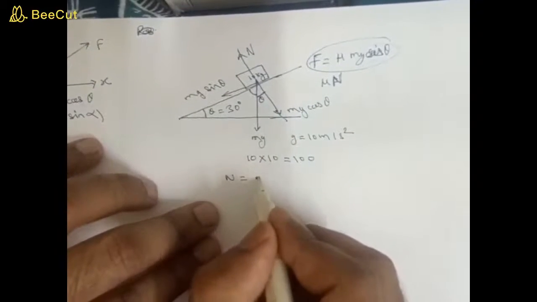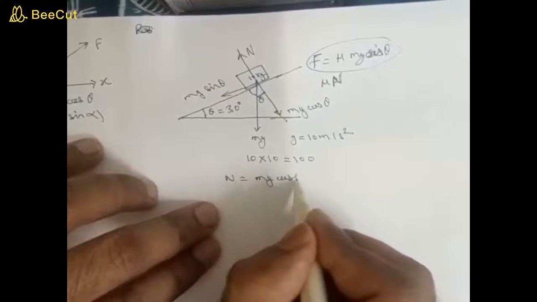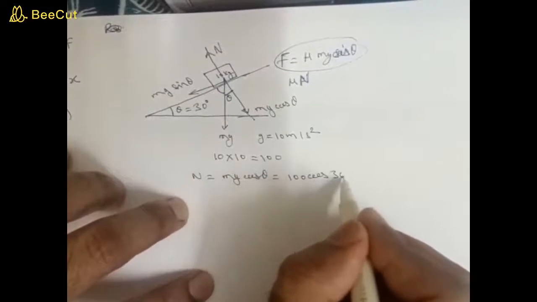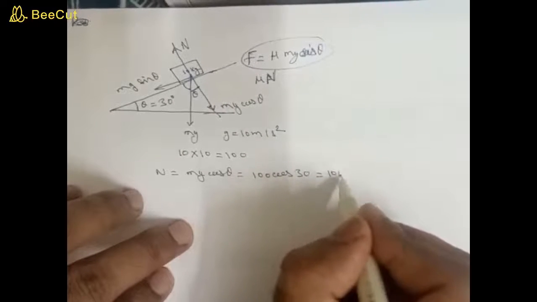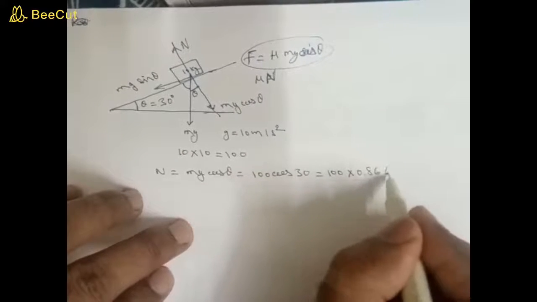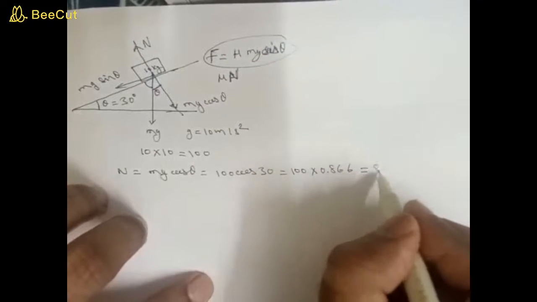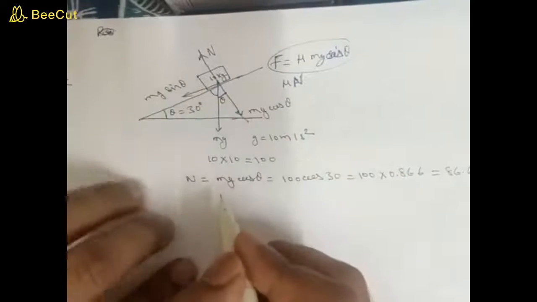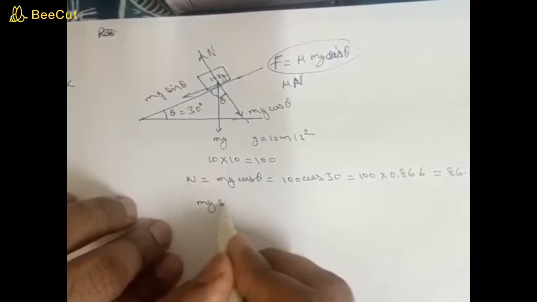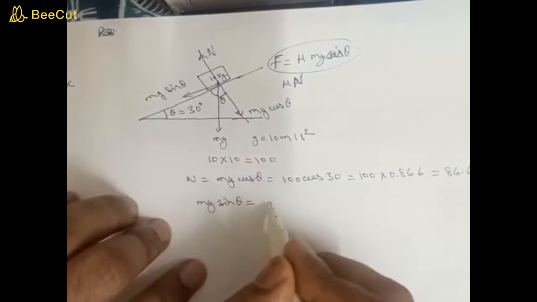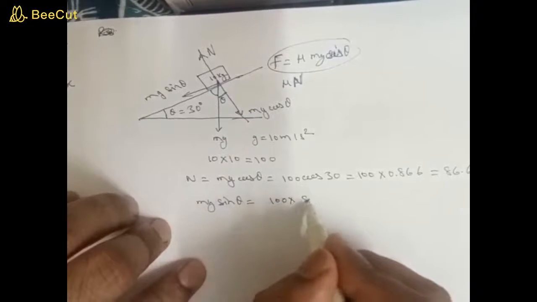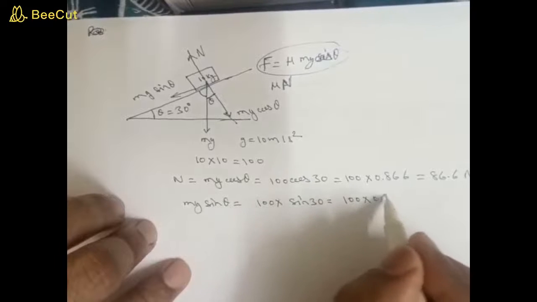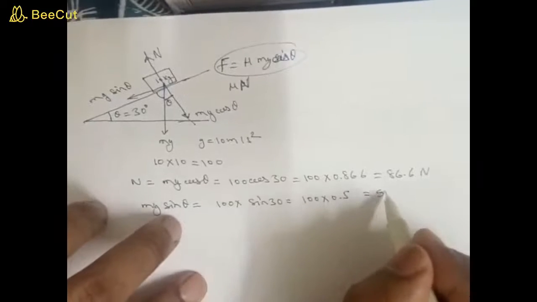So N is equal to mg cos theta, which is 100 cos 30, equal to 100 into 0.866, equal to 86.6 Newton. And this component mg sin theta is equal to 100 into sine 30, equal to 100 into 0.5, equal to 50 Newton.